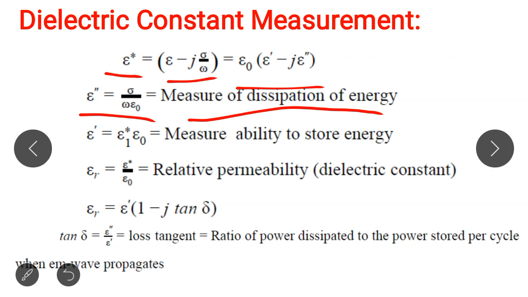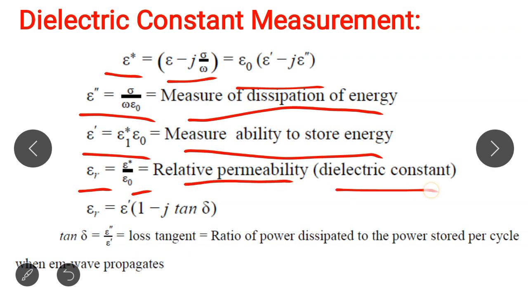Next, epsilon dash is the measure of the ability to store energy. And epsilon r equals epsilon conjugate upon epsilon 0, that is the relative permittivity or dielectric constant.